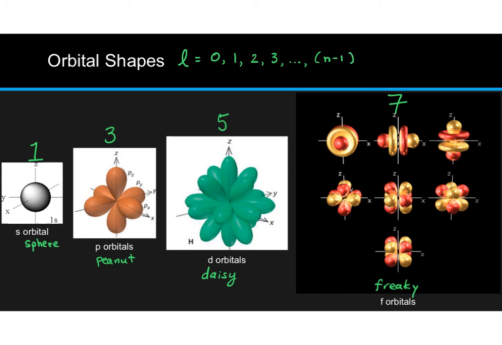In other words, the energy shell on which an orbital exists dictates the shapes of orbitals that may reside in that shell. 0, S, 1, P, 2, D, and 3, F.